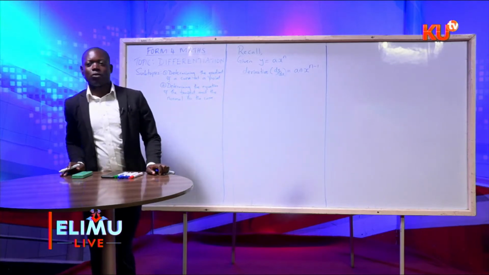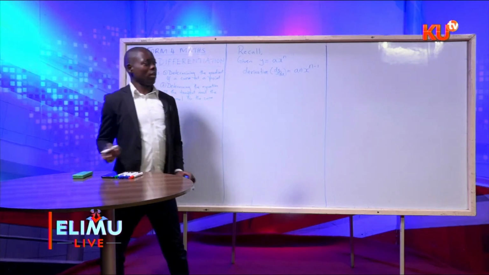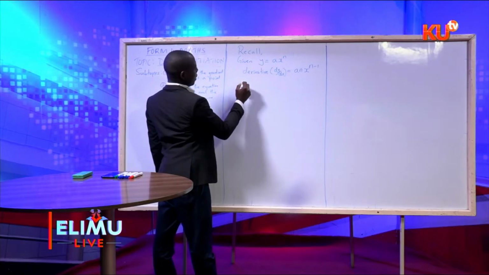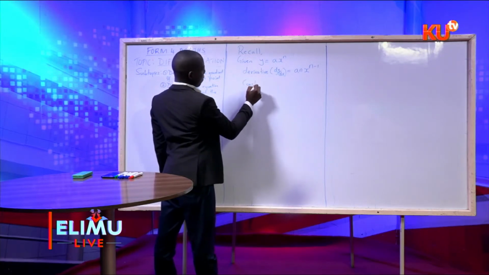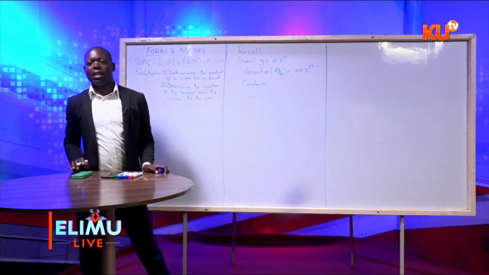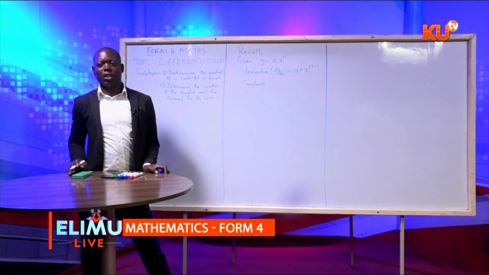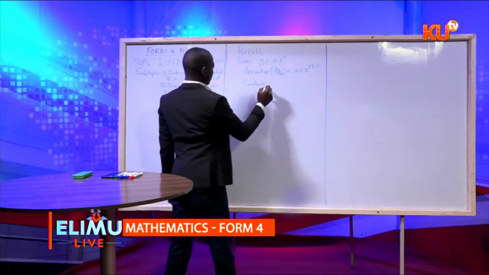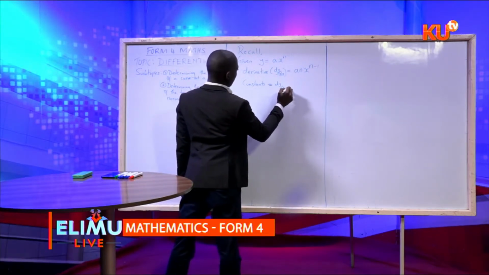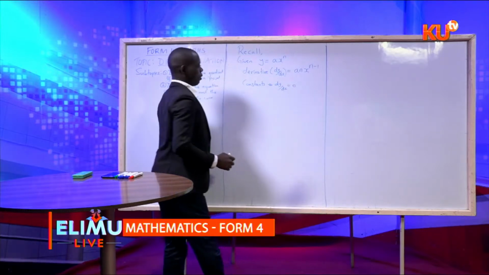Again, we held a position that if you are given constants, their derivative is always 0. If you differentiate constants, their derivative dy dx will always give you a 0.